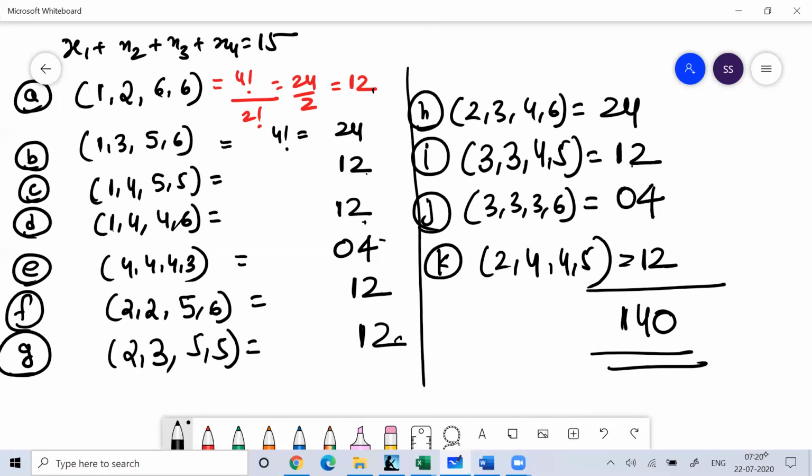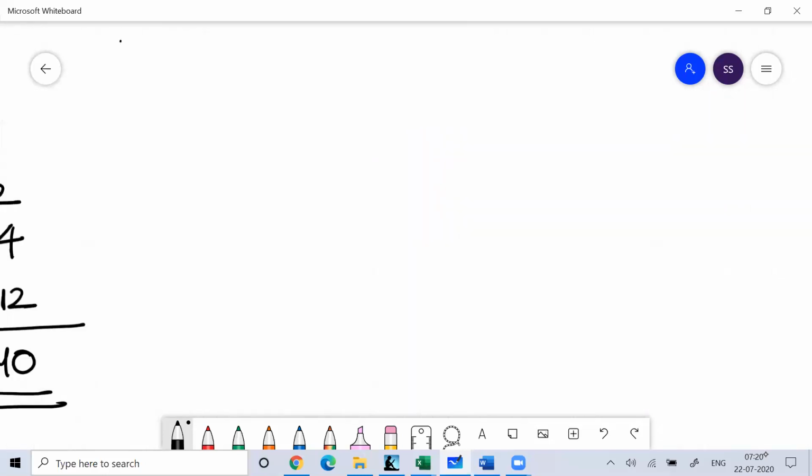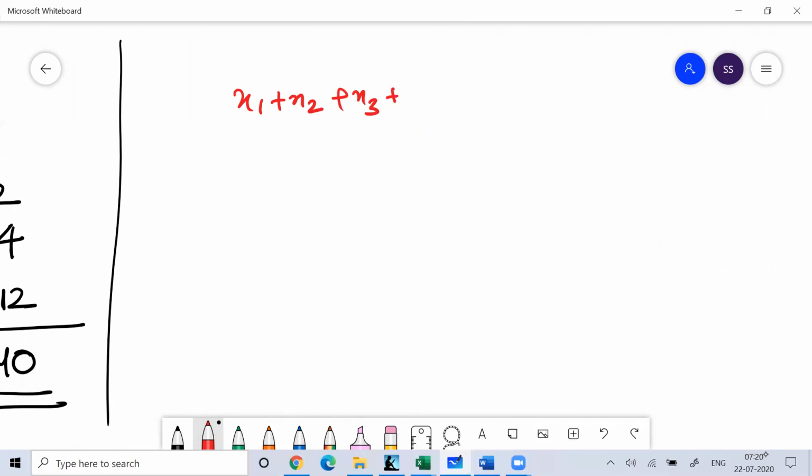Now the same logic you can use here also. You can solve the same problem by using the multinomial theorem. So the sum on 4 dice should be 15.